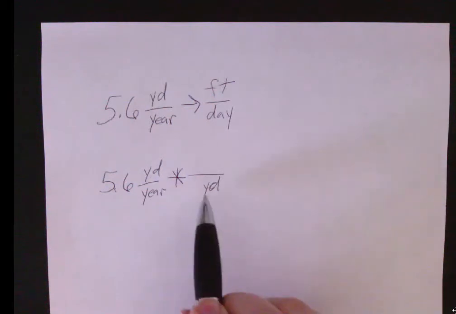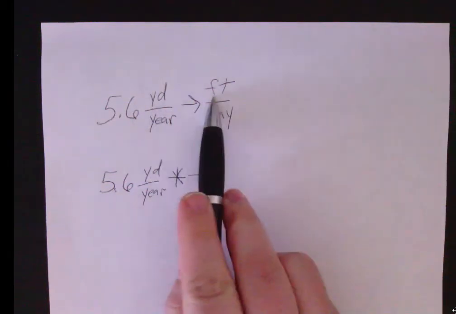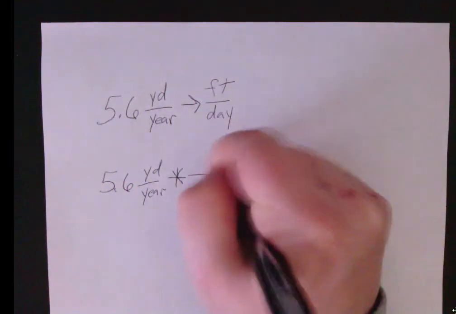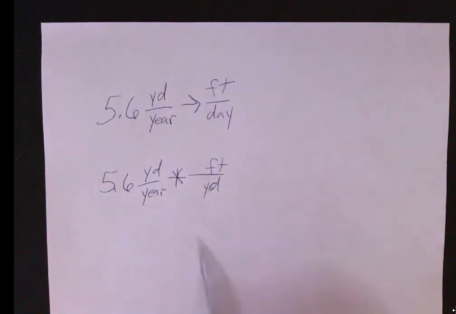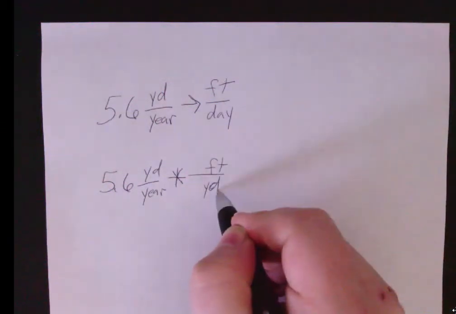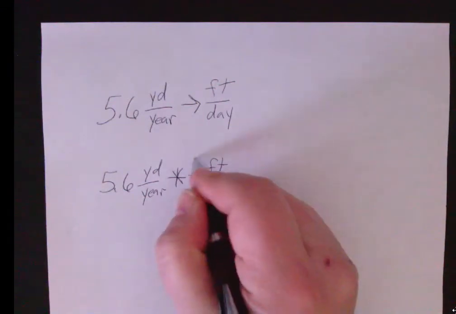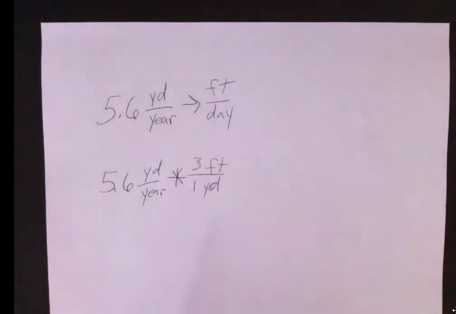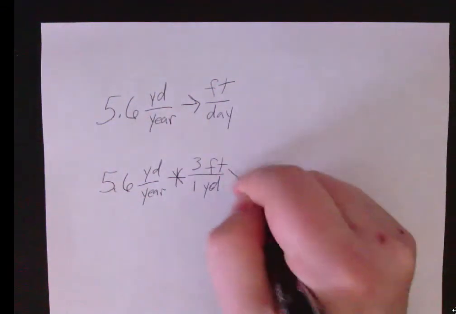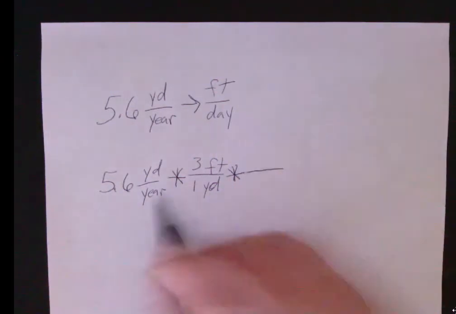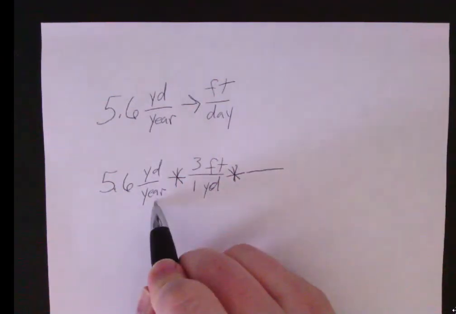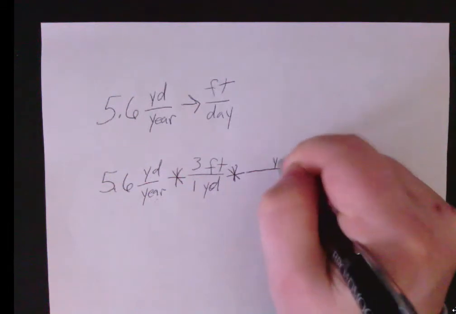And what do we want to replace yards by? Well, we want to replace it by feet. So feet is going to come up on top. And then how many feet are in 1 yard? So I give you 3 feet per yard. And then we're just going to keep going, multiply out again to get rid of this year. So year is on the bottom here, so we're going to put year on the top here.